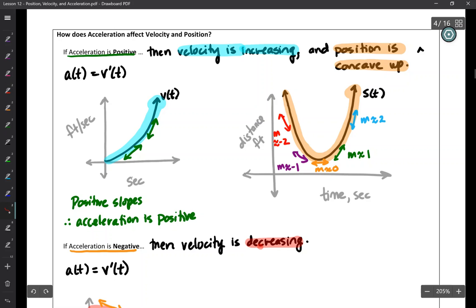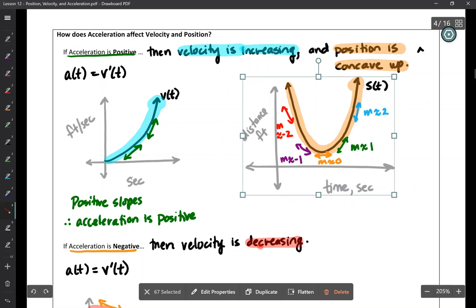Okay, so if I look at the way those slopes are changing over time, they're increasing. A slope of -2, then -1, then 0, then 1, then 2. We have increasing slopes. What are the slopes? They're velocities. We have increasing velocities. Oh, so the rate of change of velocity must be positive. Oh, acceleration must be positive.